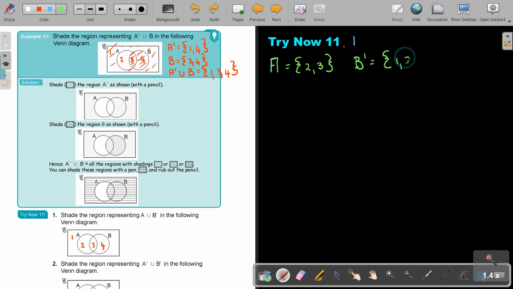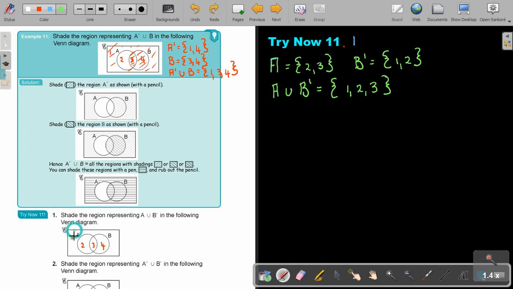It's 1 and 2. And now it's the union, so A union with B's complement, and what will that be? Let's just see. It's going to be 1, 2, and 3. All those elements, these brackets, I keep on making too curly. Okay, so 1, 2, and 3.